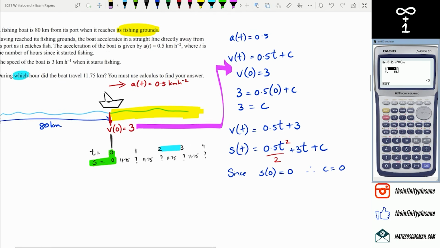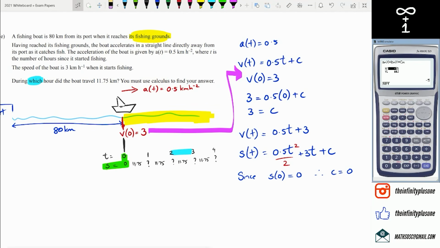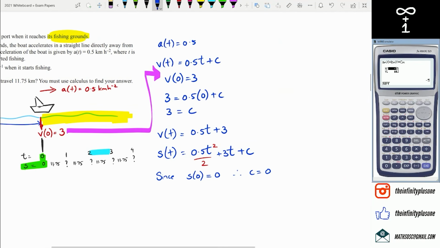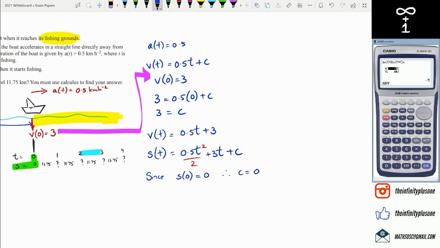So here is my distance function: s of t equals 0.5t squared over 2 plus 3t. I can simplify that 0.5 over 2 as 0.25.